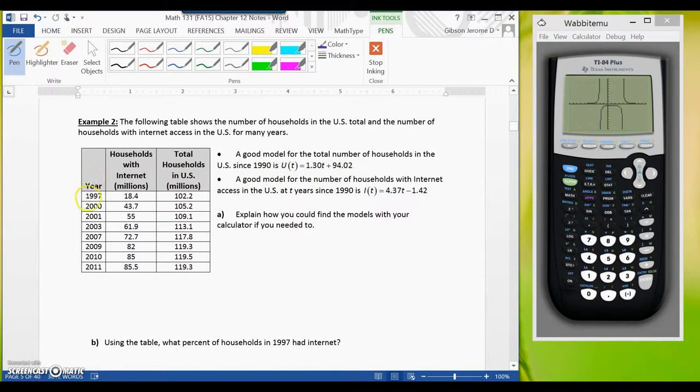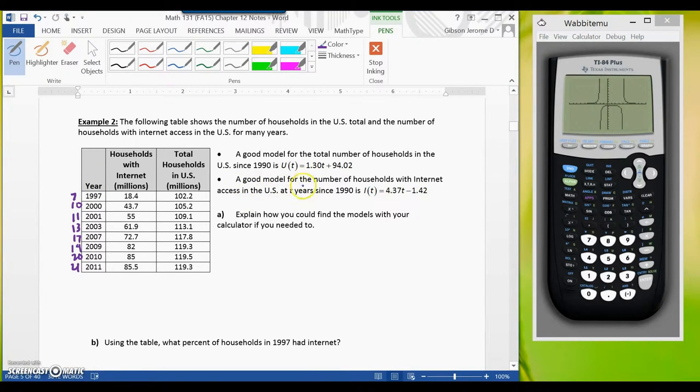Now we know since everything is since 1990, we'll do this column here. This 97 will become 7. This will be 10, 11, 13, 17, 19, 20, and 21.